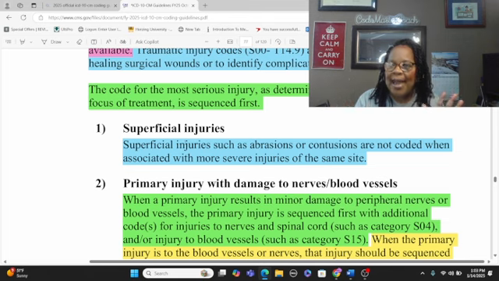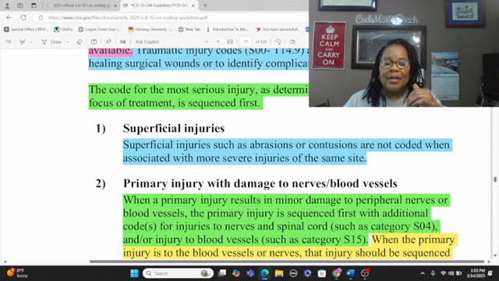They've got bad injuries. Guys, superficial injuries are small little top surface injuries. It says superficial injuries such as abrasions or contusions are not coded when associated with more severe injuries of the same site.